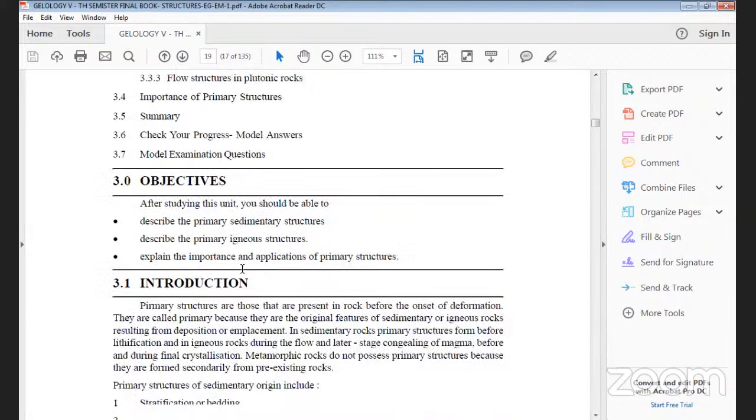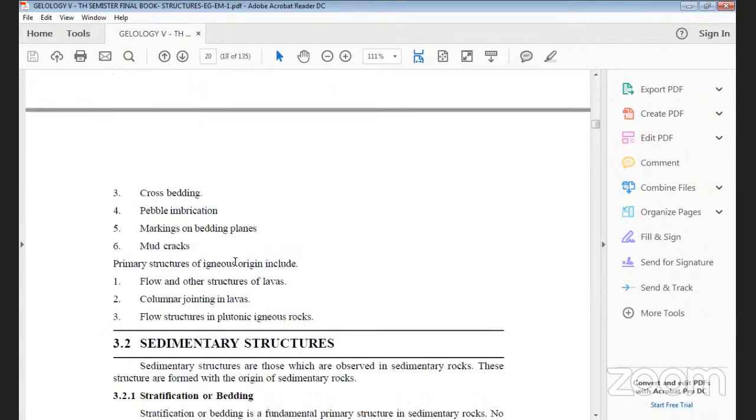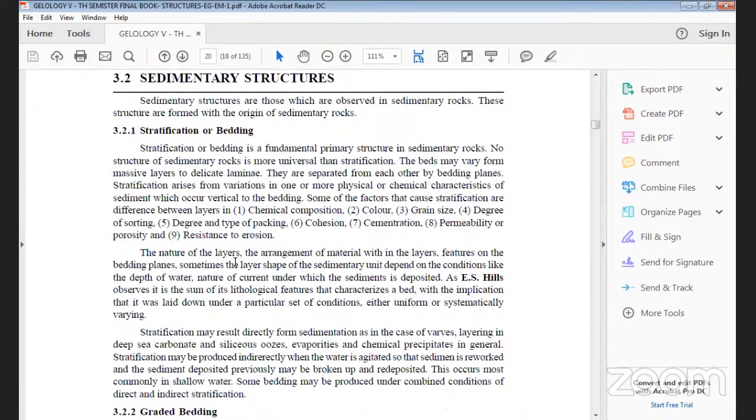When you come to the sedimentary structures, it is stratification and bedding. Stratification means the layers are formed layer by layer. The rocks will be formed as per layer, and these beds may vary from massive layers to delicate ones having small laminae.